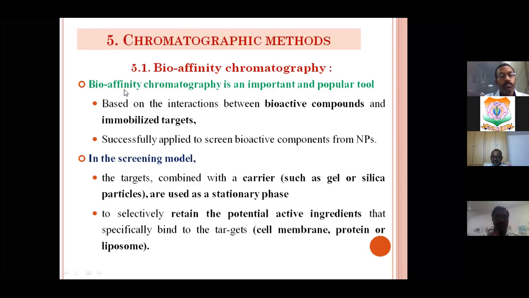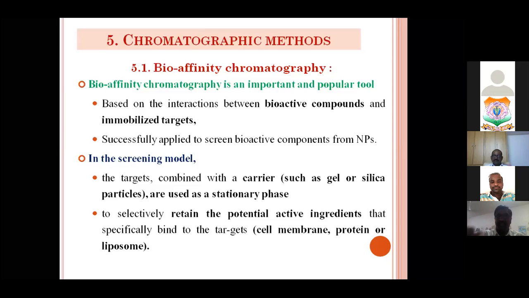What actually is bioaffinity chromatography? All of you know the basic principle. Here, bioactive compounds and immobilized targets. Bioactive compounds means from the natural products, and immobilized targets contained in a stationary phase. Stationary phase is nothing but, as we all know, the column is filled with gel or silica.